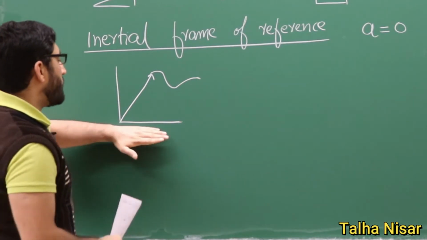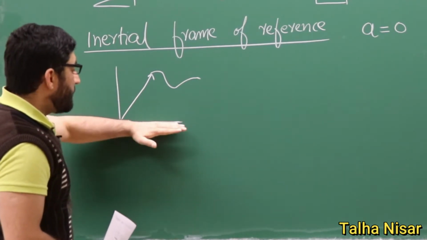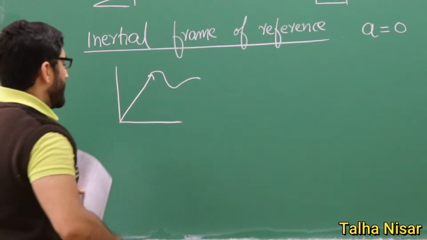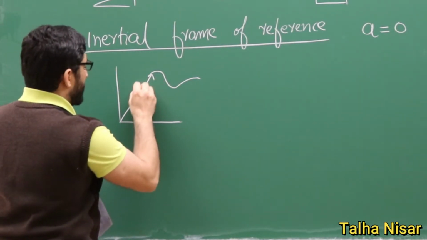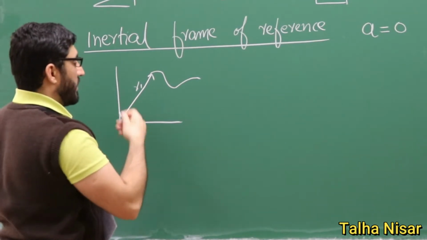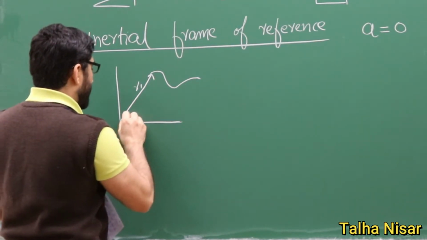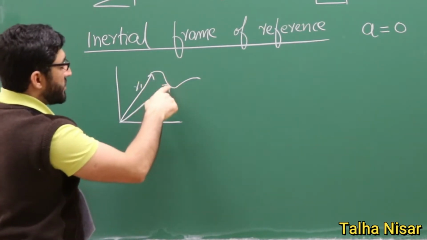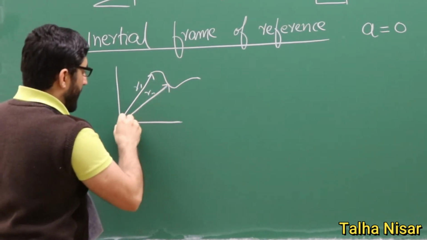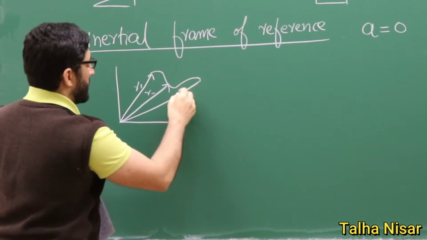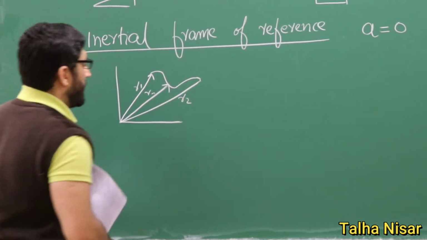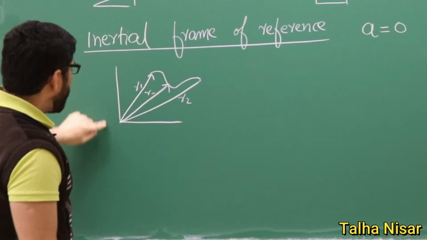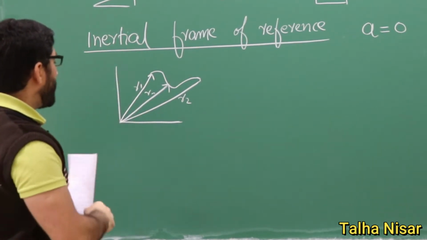For example, this is our frame of reference, but this frame of reference is not moving and there is no acceleration. This is, for example, the position vector at time 1, and after some time the position of this object is here. So this is R2, and we can describe the motion of this system with respect to this frame of reference, and the acceleration is 0.